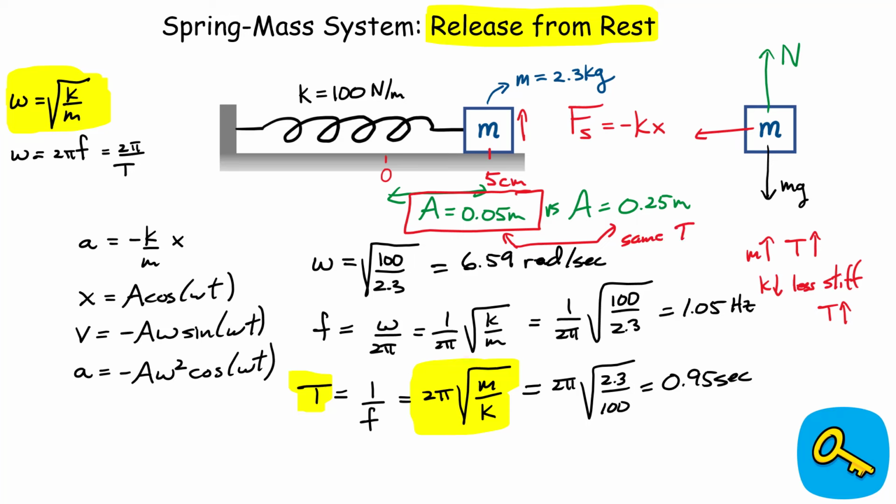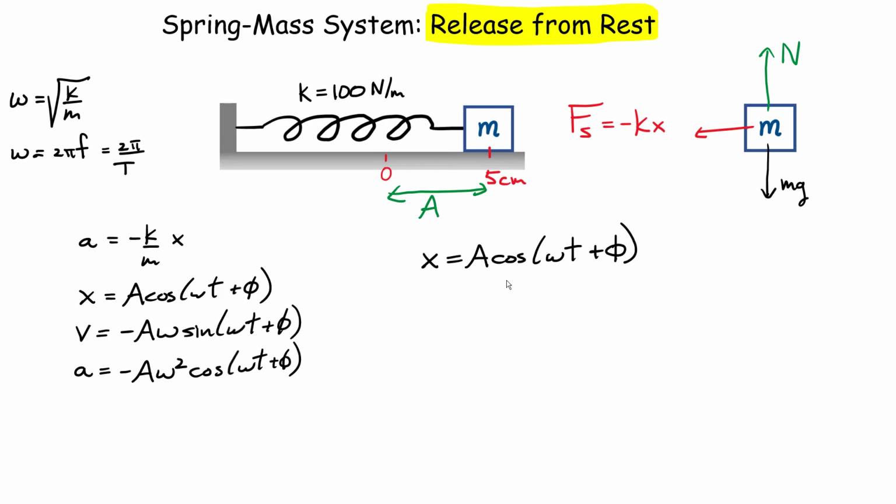This is a key point of a simple harmonic oscillator: the period does not depend on the amplitude of the motion. And that's really, really important. We're going to see other quantities that depend on the amplitude, like the maximum velocity and the maximum acceleration, but the time to complete one cycle does not.